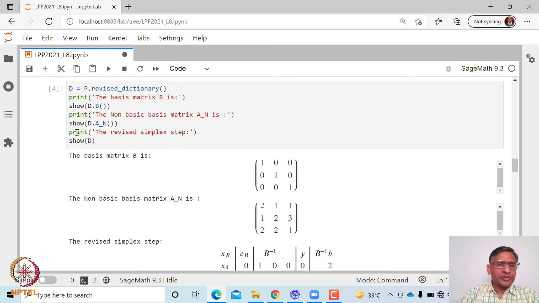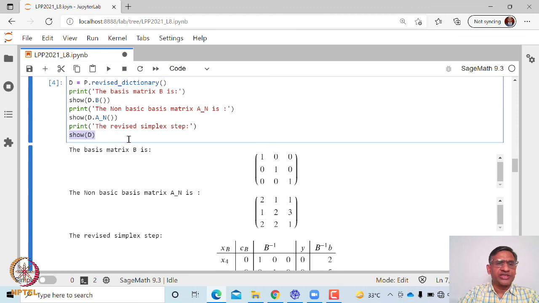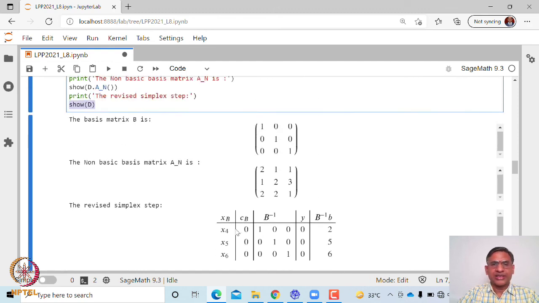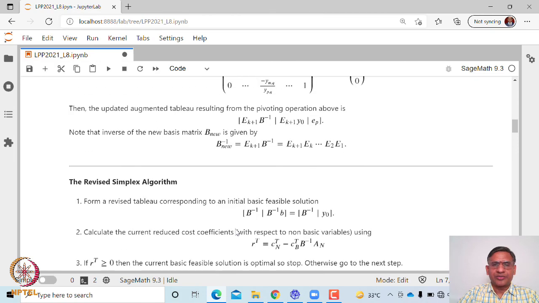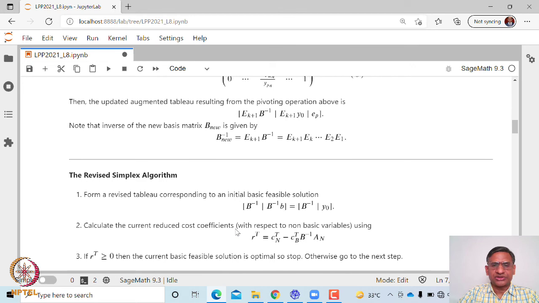And you can also write down the simplex step. So if I ask you to show what D, the revised dictionary, is, then this is D. D gives you the basic variables, the coefficient of C with respect to basic variables, B inverse, and it also gives you Y. I'll just tell you what Y is here.